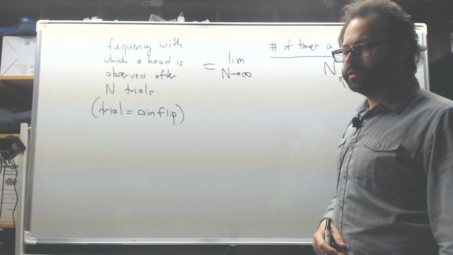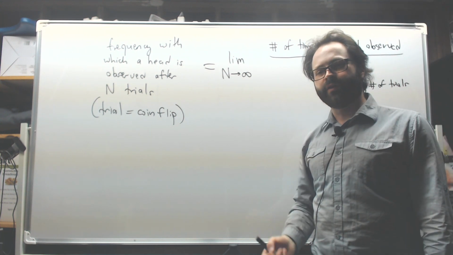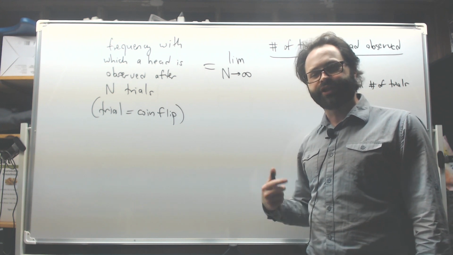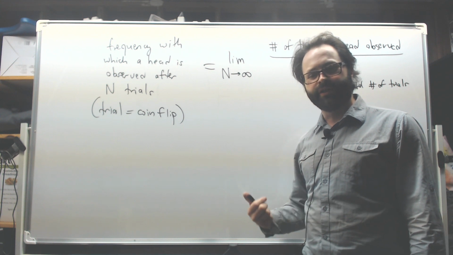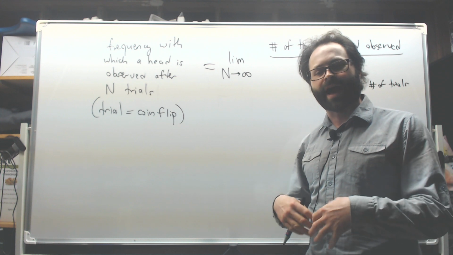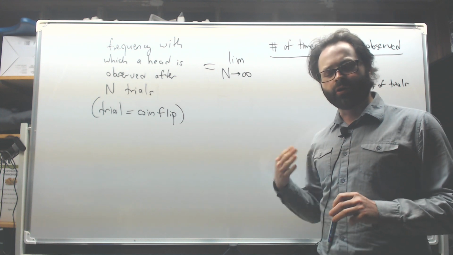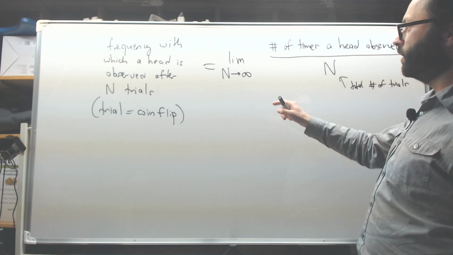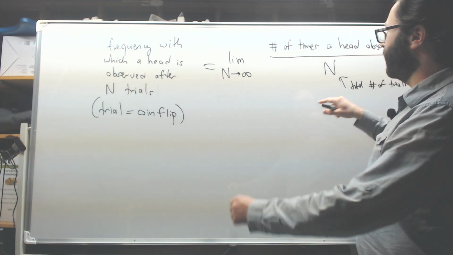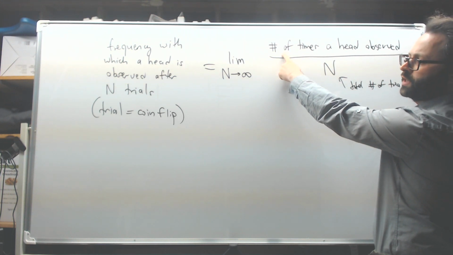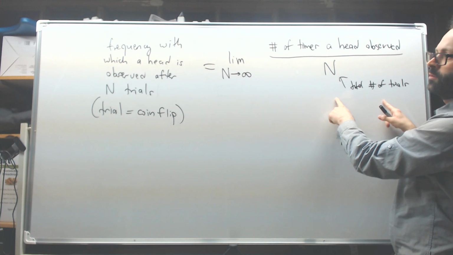This is what we mean when we say the probability of obtaining either a tail or a heads. We are physically imagining repeating the same experiment, tossing the same ideal, identical coin many, many times over with no bias, so in the abstract ideal sense, and recording the outcome diligently after many, many possible tosses. We calculate this quantity as the ratio of the number of times your outcome of interest was observed, in this case a head, divided by the total number of trials that we flip the coin over.